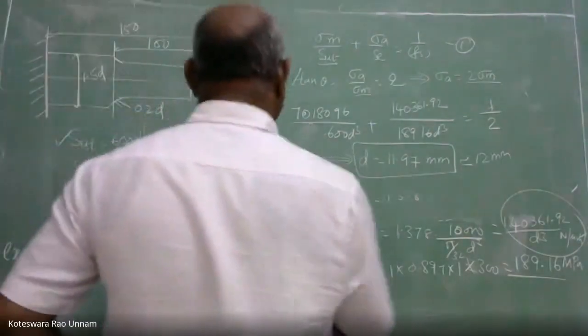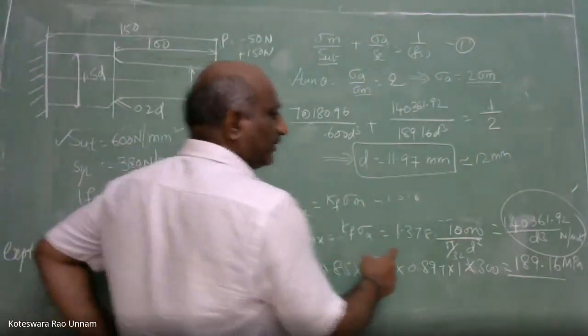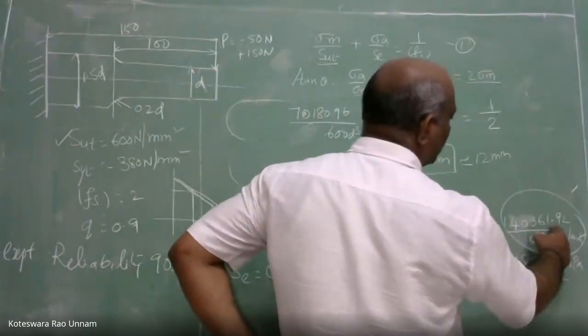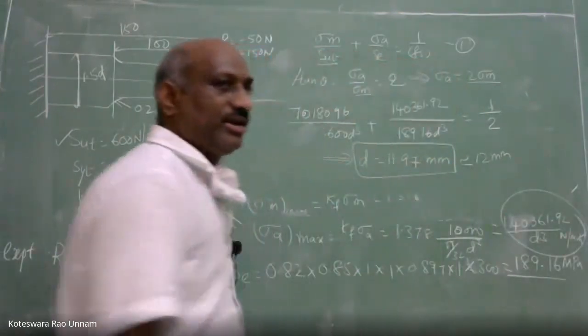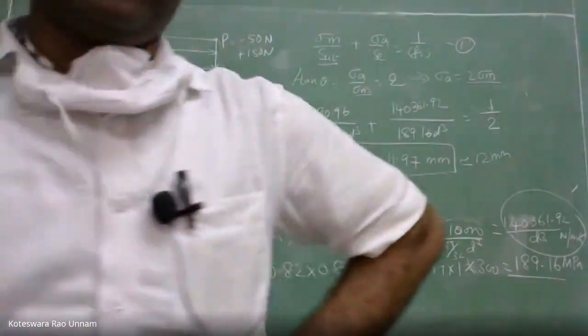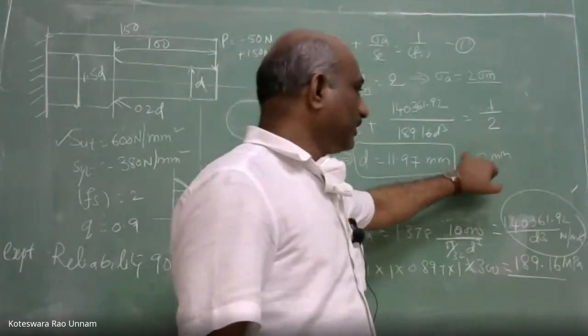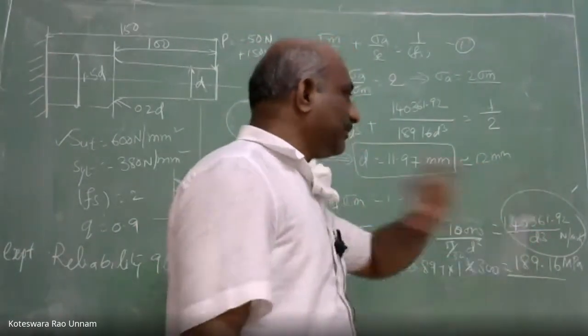In the expression for sigma A max we got 1,40,361.92 divided by d cube, Newton per mm square. So now we calculated d value as 12 mm. You take the d and substitute into this and tell me what is the value of stress.